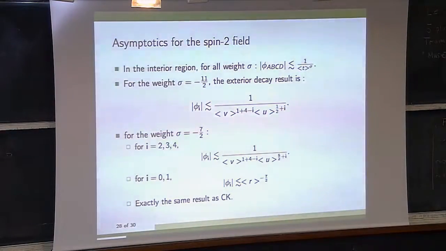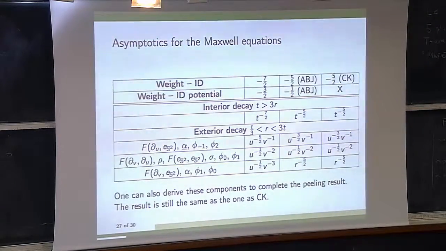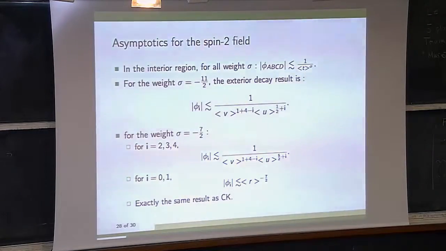You get a very nice decomposition of the null components when you're looking at your field, phi I, exactly in the similar way I've done here. Now for the weight sigma equals 7 half, you're getting this decay here. You have a failure at distinguishing the last two components, which is coming exactly from the same phenomenon I have described here. And once again, this agrees with the result by Klainerman, so we are safe.